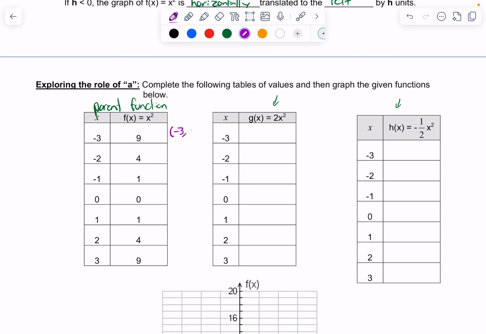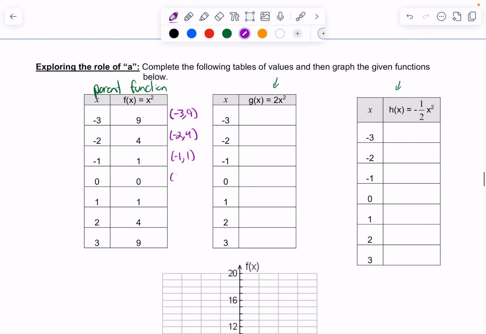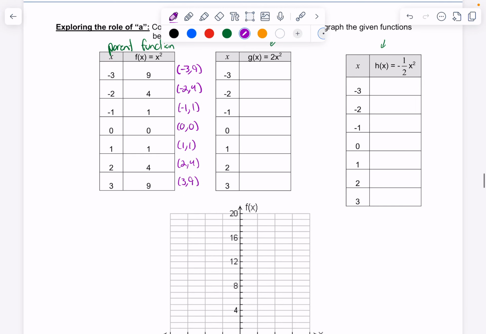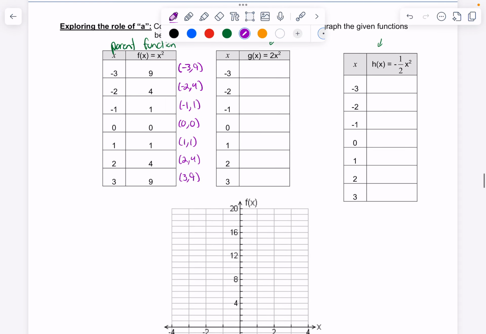So -3 and 9, -2 and 4, -1 and 1, 0 and 0, and we're just reading off the chart here, writing the x's and the y's, 2 and 4, 3 and 9. So let's plot these ordered pairs for the parent function, and we'll do it in green.